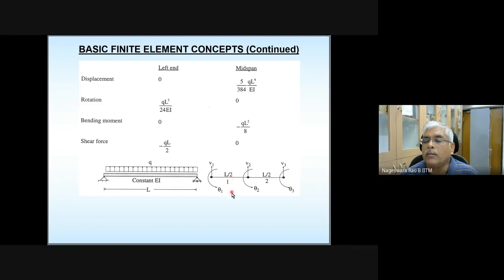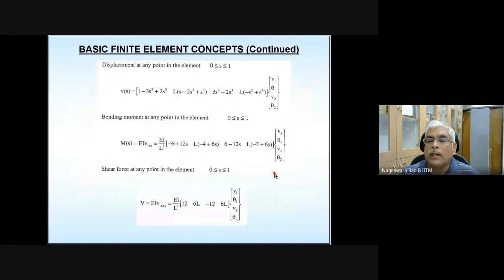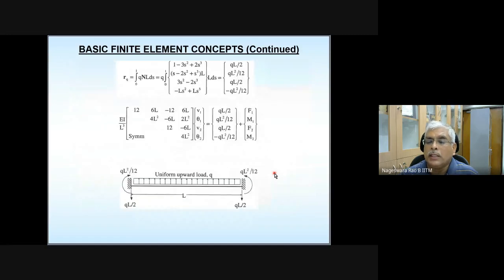So for each of the elements, you write the element equations. So how do we get element equations? You take the element equations that we developed, you take this one. In this, wherever L is there, you replace it with L divided by 2.